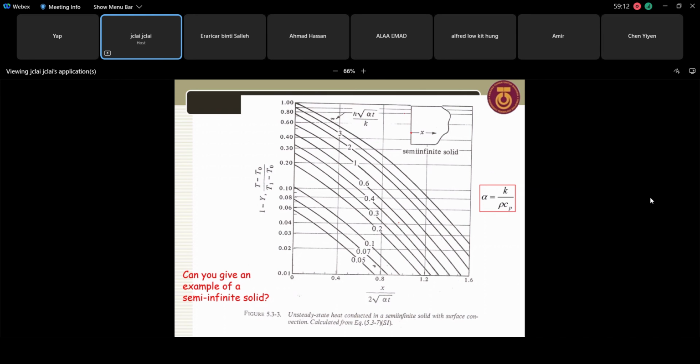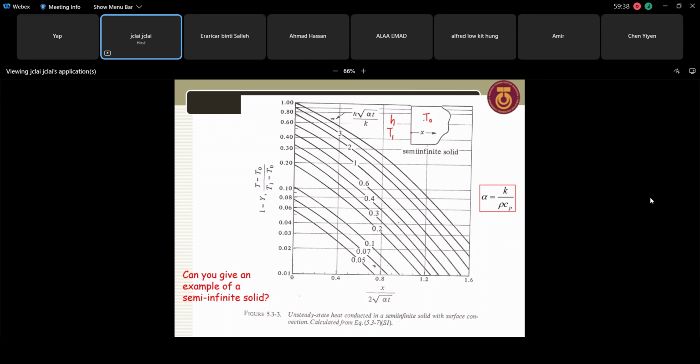Okay, then it is exposed to a surrounding with a certain H value and a certain T value, T1. Initially the whole solid is at T naught.